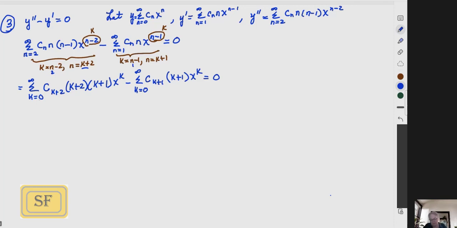In this case, we have k equals 0 for both summations. If the lower index does not match, then you need to remove terms until you come to a common lower index. Sometimes you need to remove one term, like we did for problem number 2. Sometimes you might need to remove 2 or 3 terms. It just depends. So here we can combine.